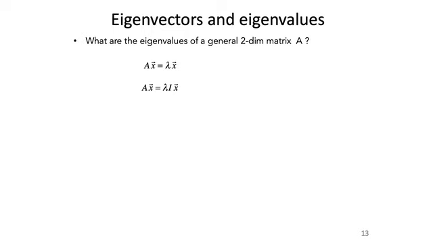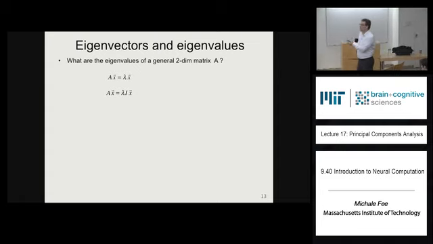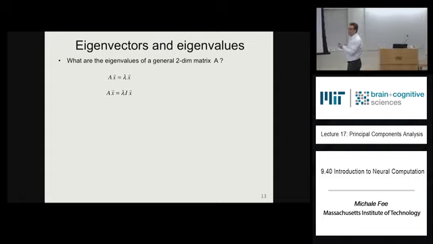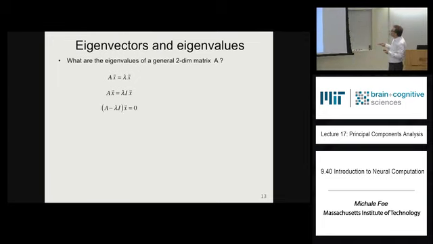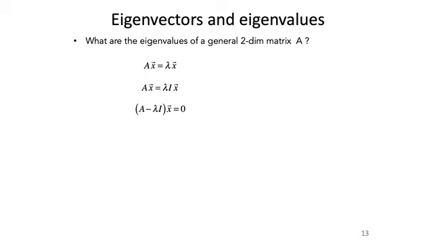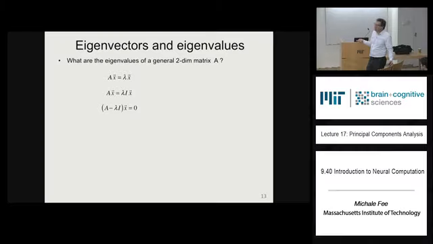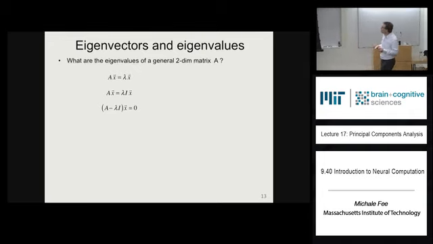We can rewrite this equation as A times x equals lambda I times x, right? It's just like, if A equals B, then A equals 1 times B. We can subtract that from both sides, and we get A minus lambda I times x equals 0. So that is a different way of writing an eigenvalue equation.